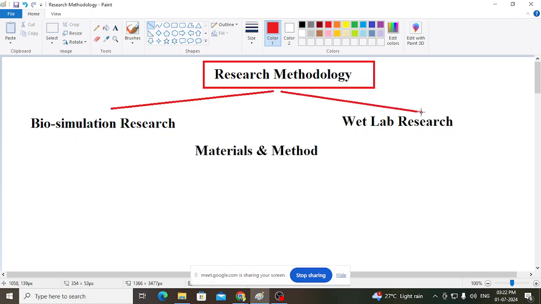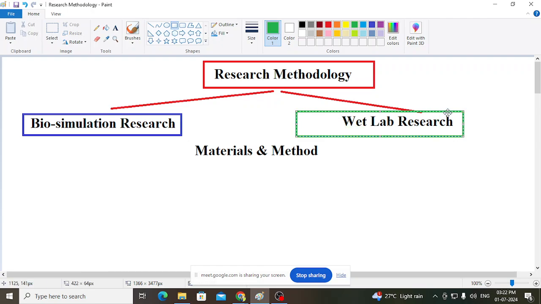One is biosimulation research, and the other one is wet lab research. For both these two types of research we need what we will call our materials and methods.